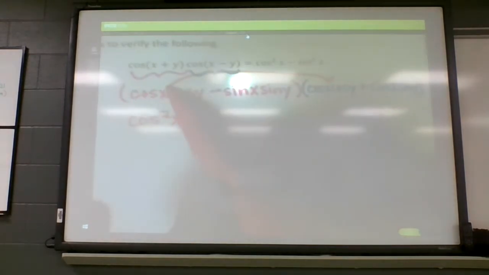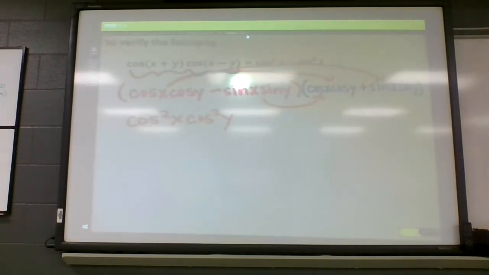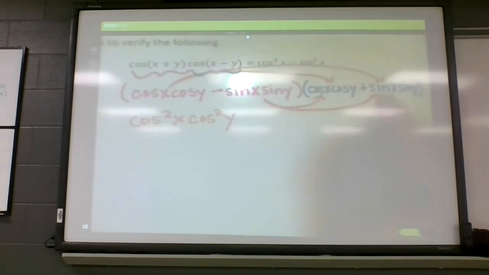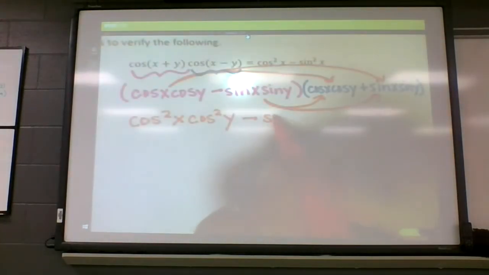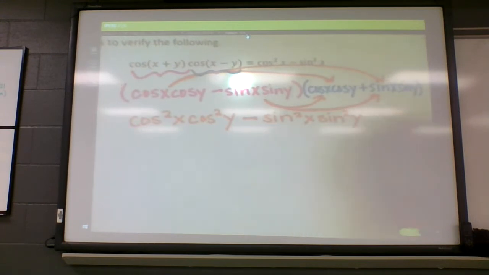Then when we multiply the cosines by the sines, we'll get a positive, and when we multiply the sines by these cosines, we'll get a negative. Those are the exact same terms with opposite signs, so they add up to 0, and you don't even have to write them down. Then we have sine times sine, a negative times a positive, so these will be negative. Sine x times sine x is sine squared of x, and sine y times sine y is sine squared of y.